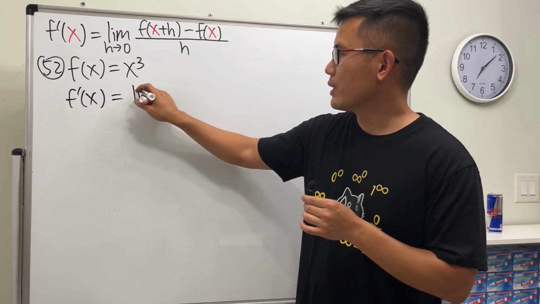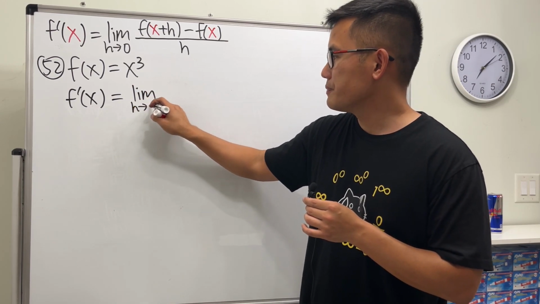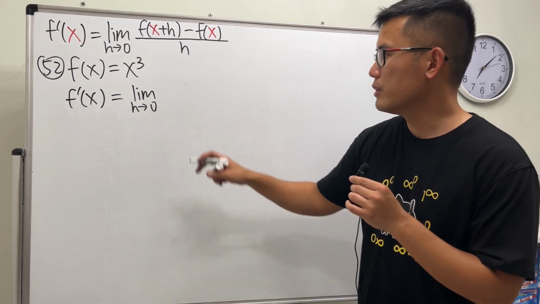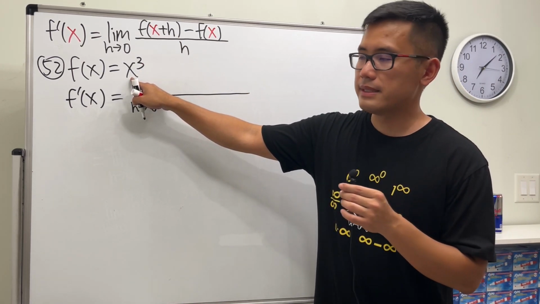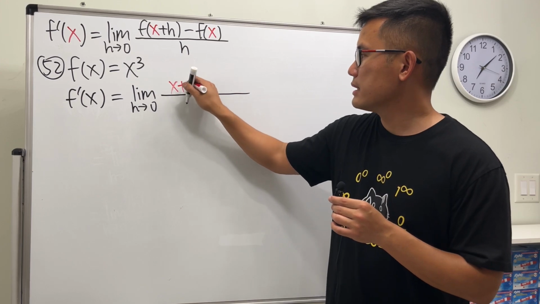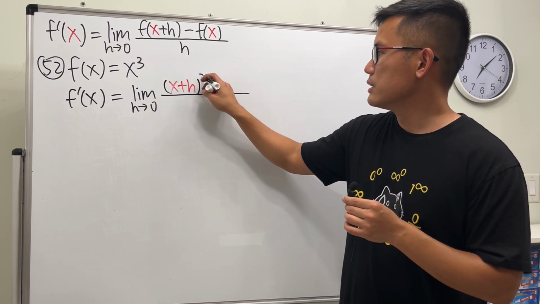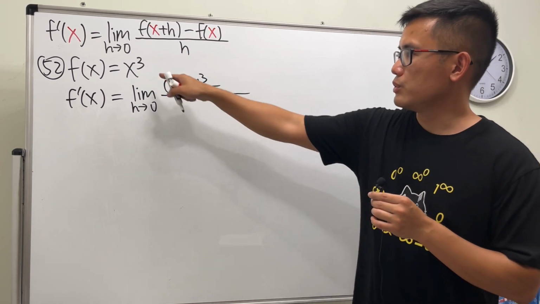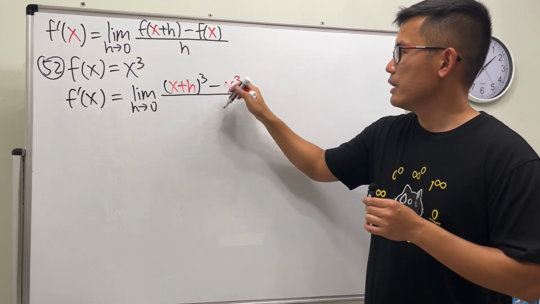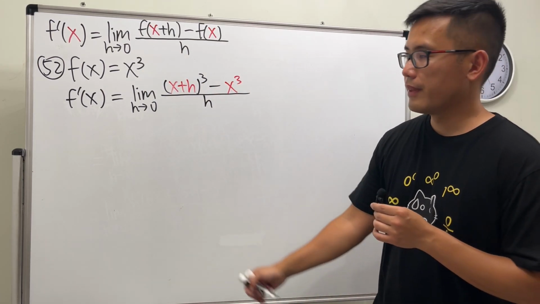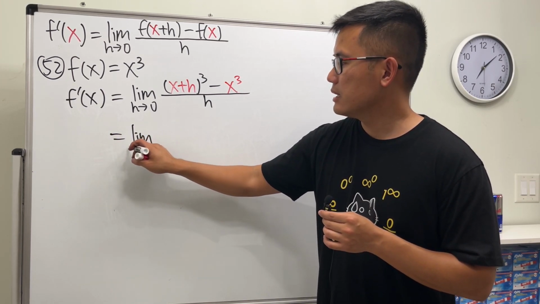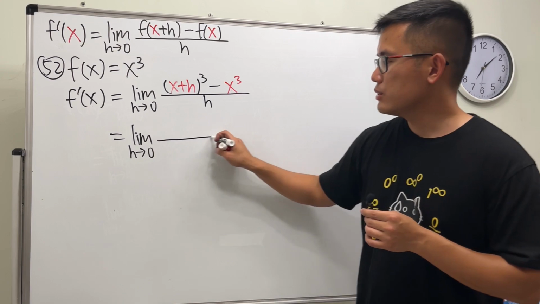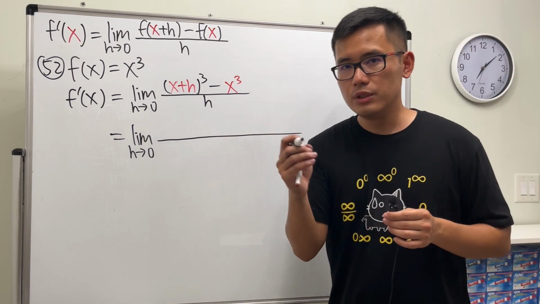So here we go. We want the limit as h approaching 0, and then this part means we're just plugging x plus h into here. So we have x plus h, third power, and then minus f of x, which is just that original, and then all over h. Open this, we get limit as h approaching 0, and let's use the Pascal triangle 1, 3, 3, 1.